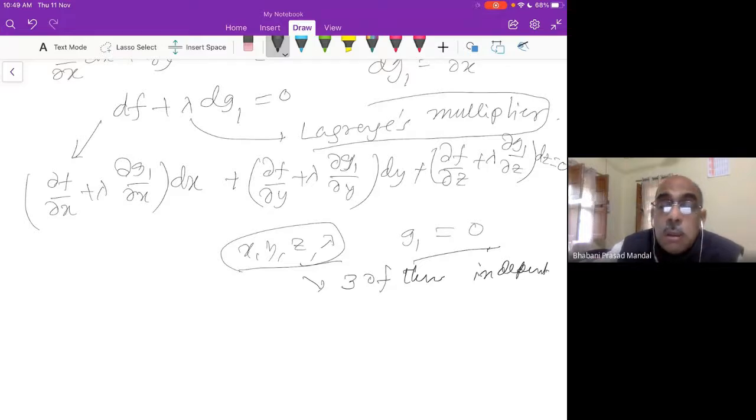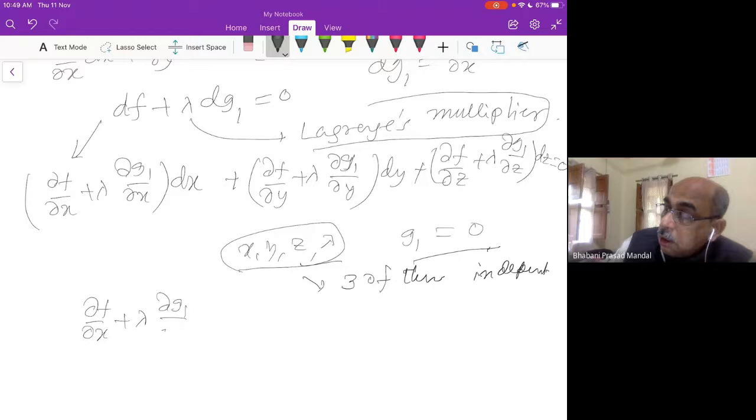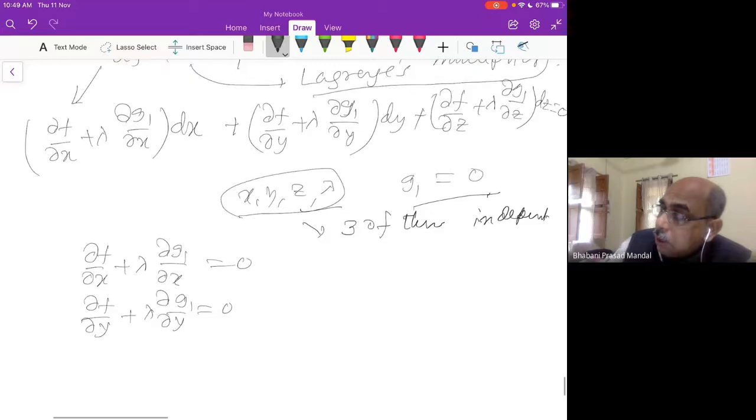Okay. Three of them, so x, y, z are independent, and immediately I can write that my extremization condition will be: del f del x plus lambda del g1 del x equal to 0, del f del y plus lambda del g1 del y equal to 0, and del f del z plus lambda del g1 del z equal to 0.